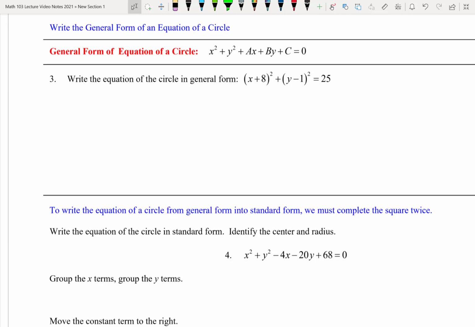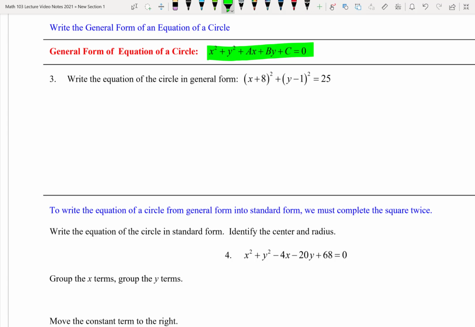The general form of the equation of a circle is x squared plus y squared plus ax plus by plus c equals 0. So let's write number 3 in the general form.